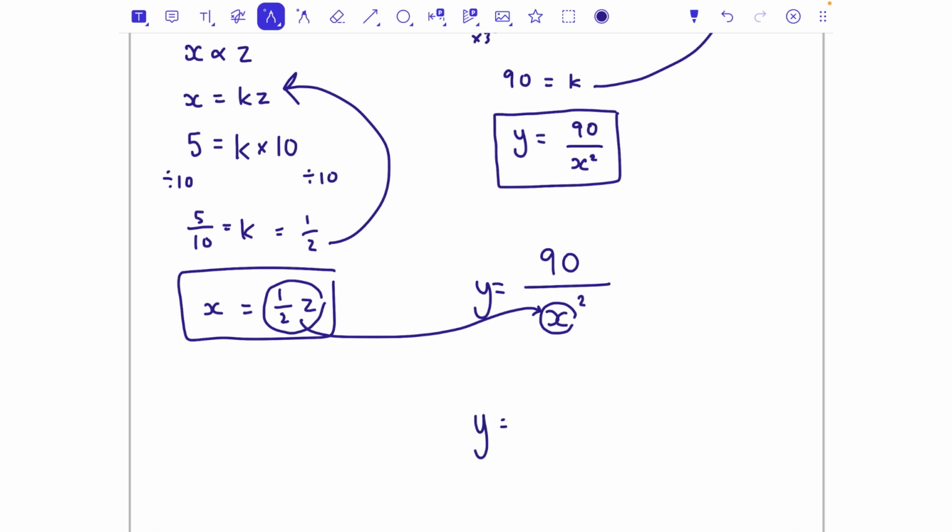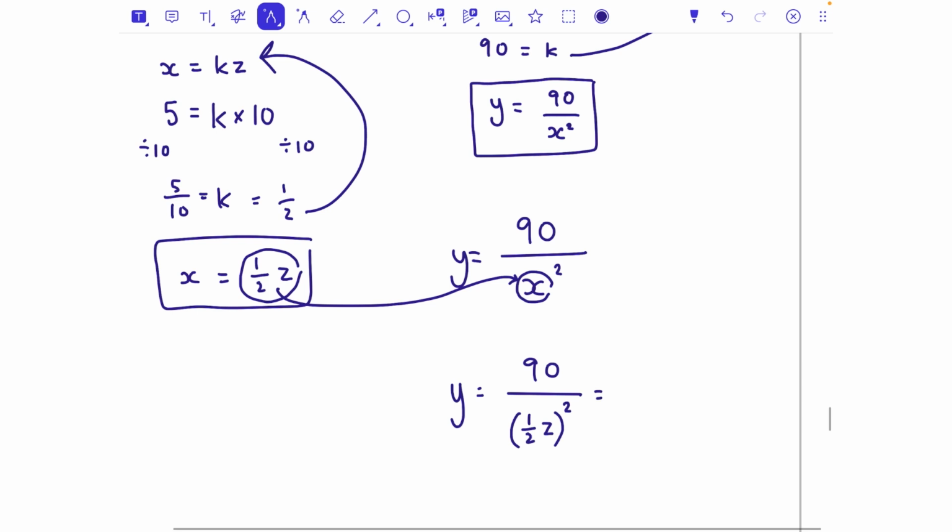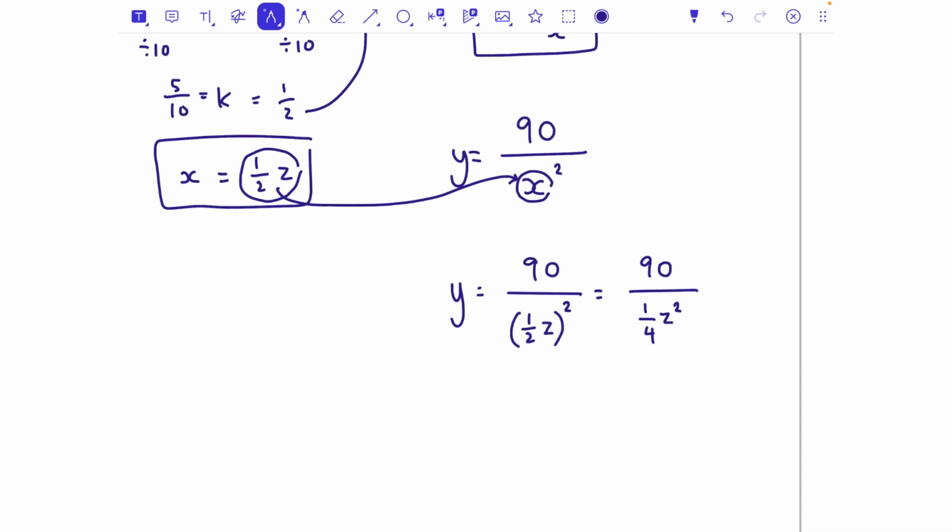So y equals 90 over a half z squared. Now I don't want to leave a fraction within a fraction, so this is 90 over, now when you square a half, it becomes a quarter. So this is a quarter z squared. Each of the values in the brackets needs squaring. And then I'm going to multiply both the top and the bottom by 4 to get rid of that fraction.